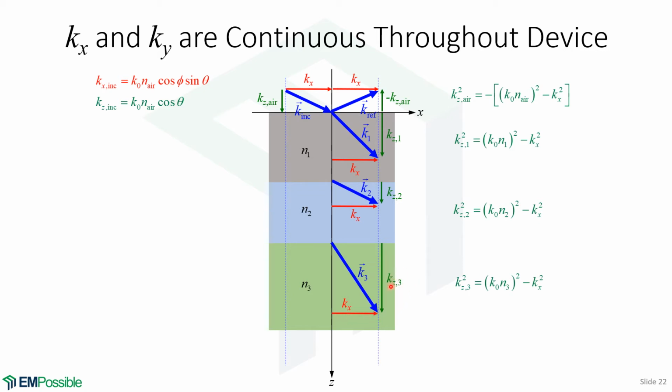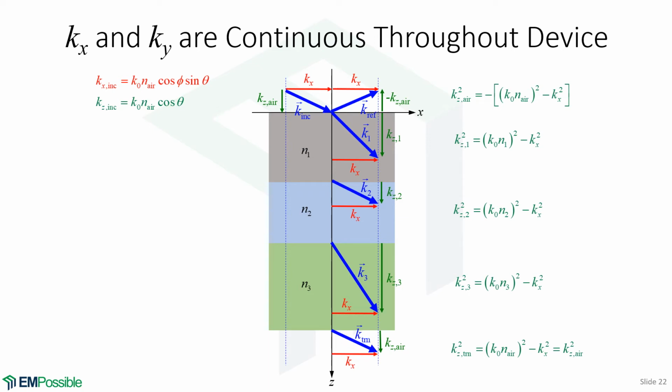We calculate the z component from the dispersion relation. We tie these components together, and we get the wave vector in the third medium. And the very last thing, in the transmission region, it has to have that same k sub x. We calculate the z component from the dispersion relation. We tie the two together, and we get the wave vector in the transmission region.